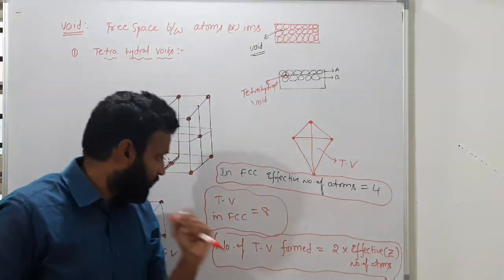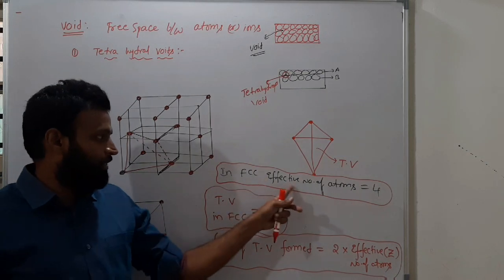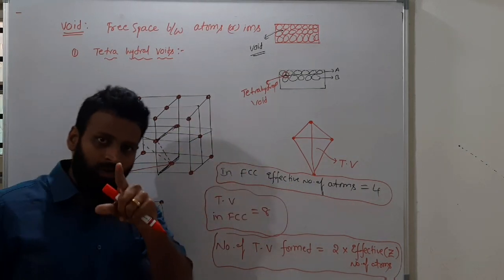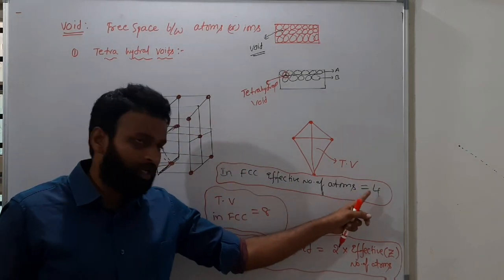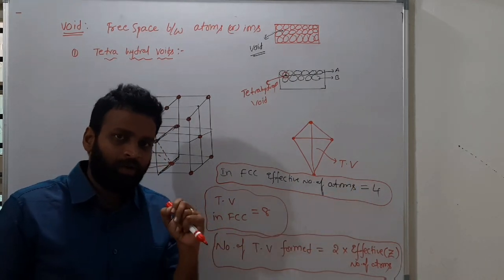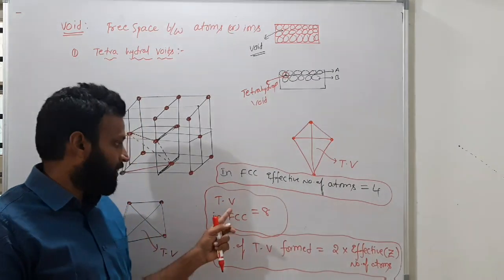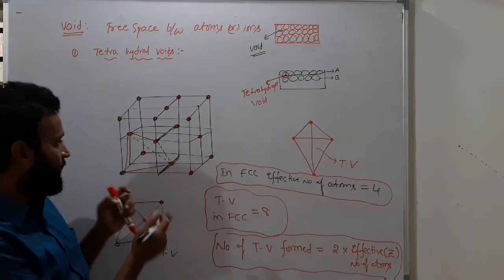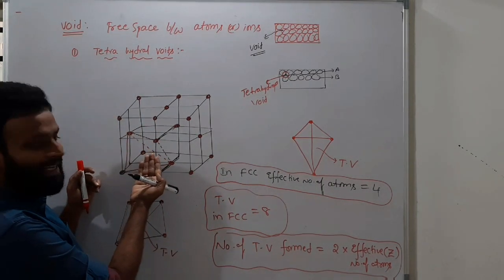So the final conclusion I will give you from this: in FCC, everybody knows that the effective number of atoms is 4. Many times I was explaining this. Tetrahedral voids, 8 formed, as I told you using this diagram.